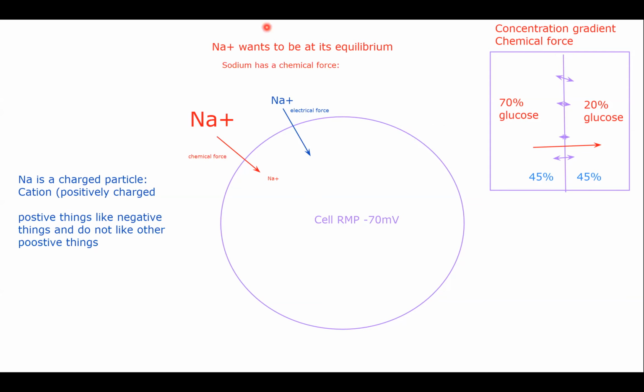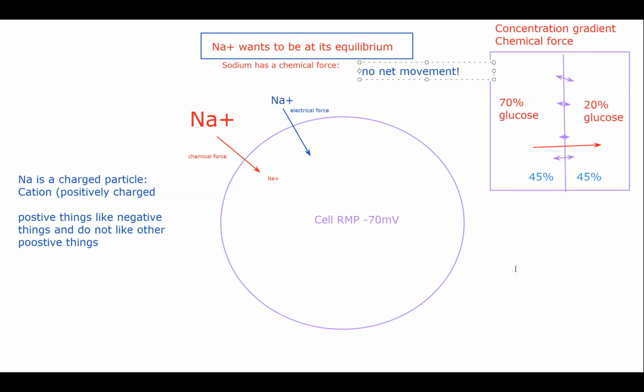But like I said, what sodium really wants is to be at equilibrium. And remember, equilibrium means no net movement. That is what sodium really wants. It wants to reach the point where the movement into the cell is equal to and opposite to the movement out of the cell.